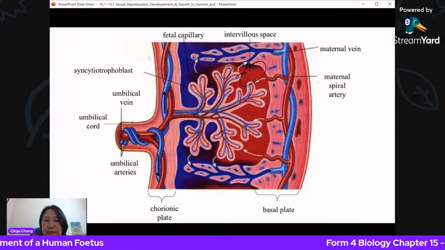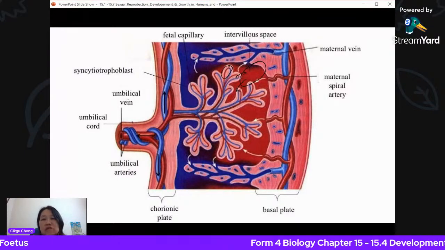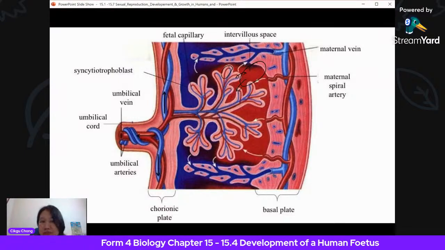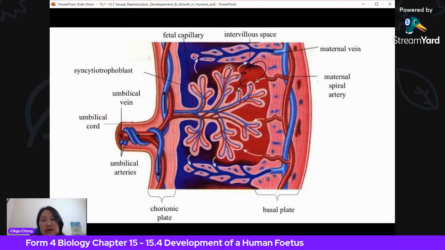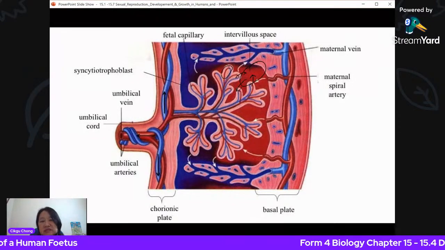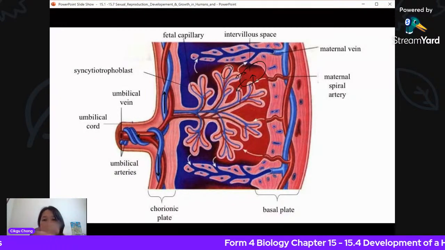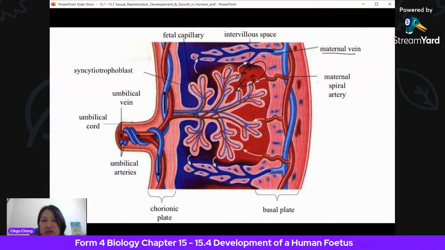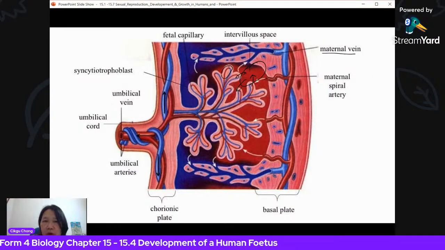Only what happens is diffusion of the substances that the fetus wants, for example, oxygen and also nutrients, and also diffusion of substances which the baby does not want, which means the waste products. So the mother's blood, the maternal vein and artery, will pour into this part. This is called the maternal pool.